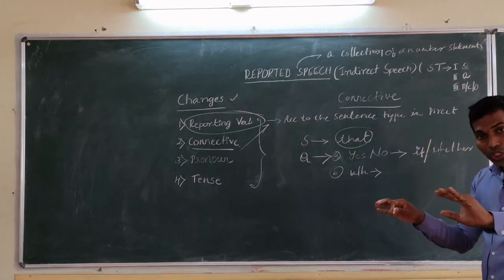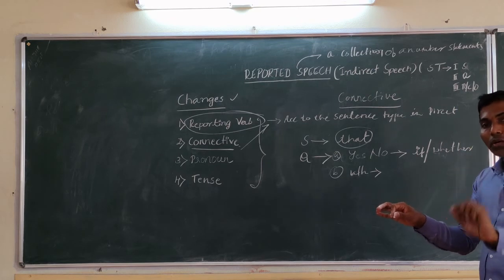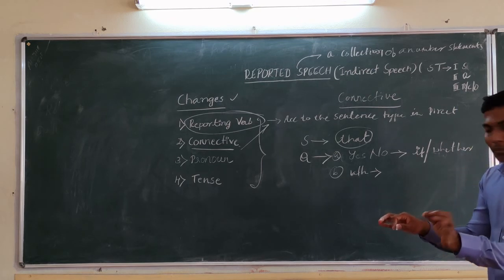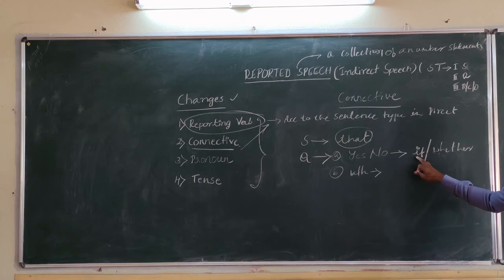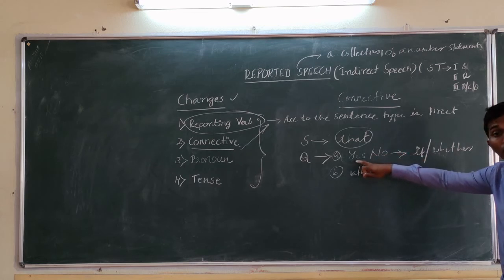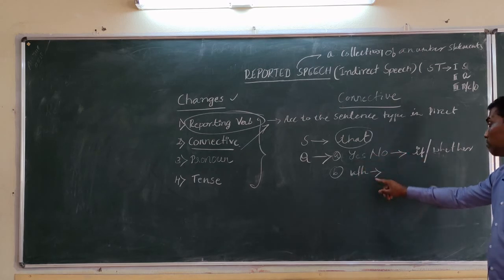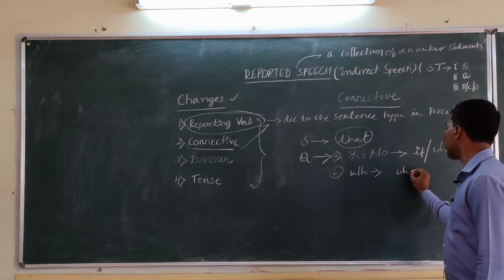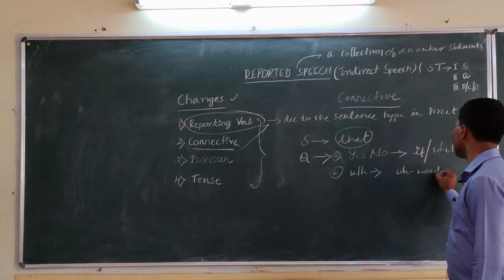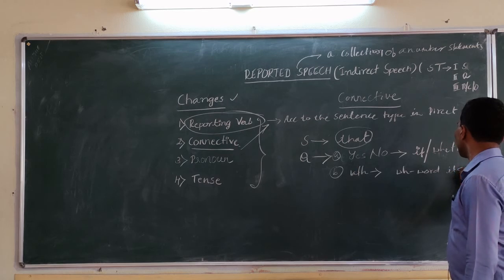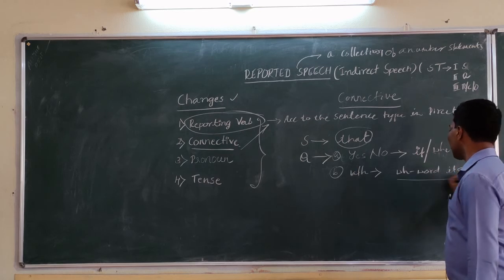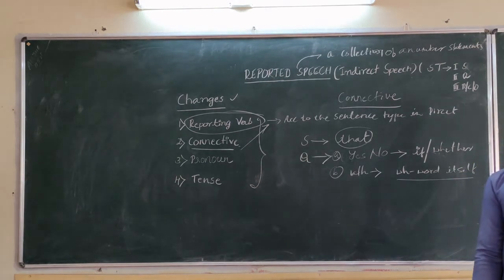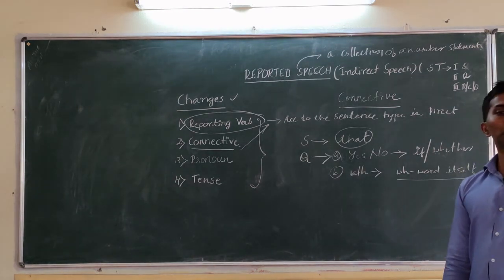When it is a question, you should go for a particular connective. The particular connective I have been talking about is if or whether, when it is a yes no question. When you have a WH word, it is the same WH word itself. There is nothing to worry about. If it is 'what are you doing', what will be the connector? Free of cost, it will be yours.